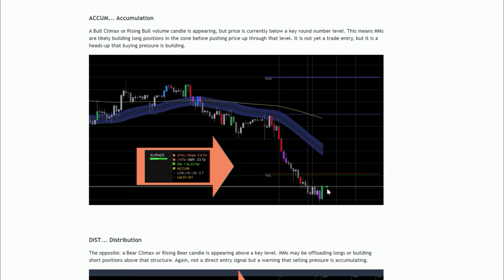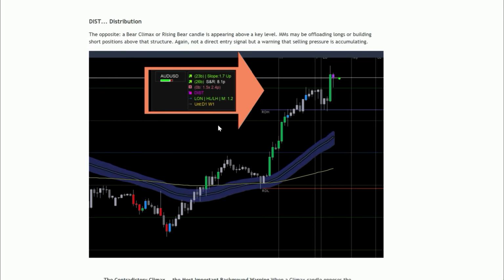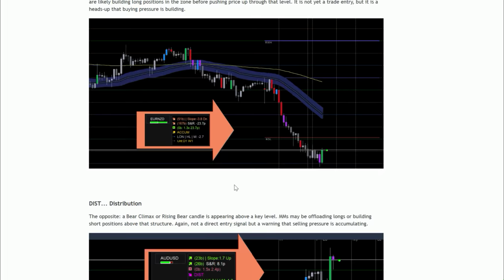That accumulation and distribution means that the market makers are likely building long positions in this zone. So you might also get stop hunts before they push the price up through that level. But it does not mean that you should trade just yet. It's just a heads up to show you that the buying pressure is building. So just be careful near these distribution or accumulation symbols, or if you get a stop hunt symbol.